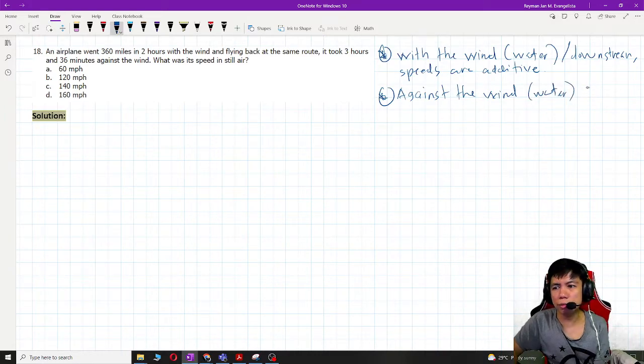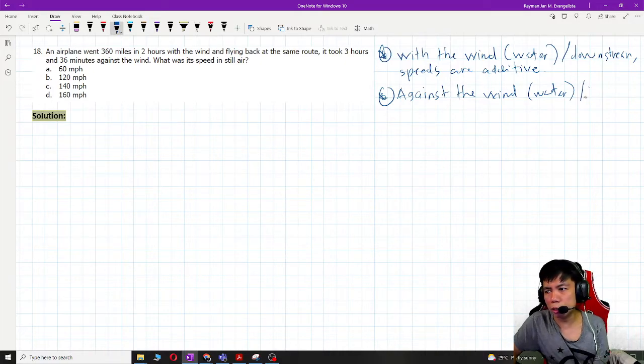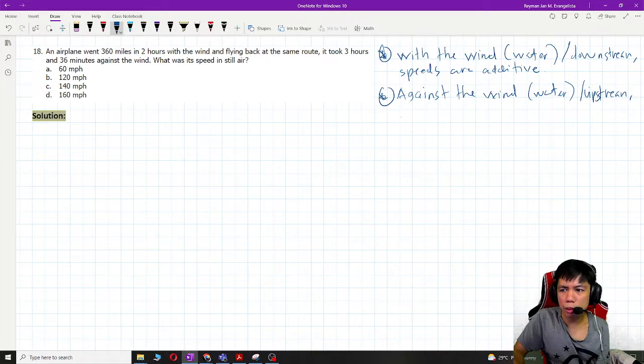So, other term for against the wind or water is upstream. Okay, upstream. Yan naman, so speeds are subtractive. Okay? Speeds are subtractive. Okay, so sinusubtract is na siya.